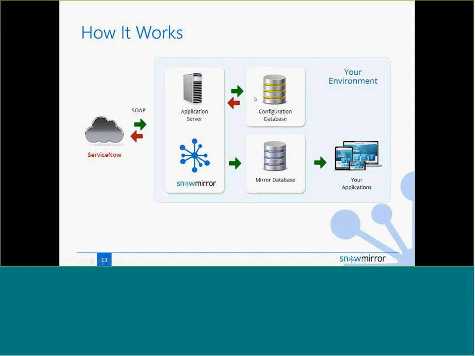By default, as you will see, you can store this data in a small file database, but for big production instances, we recommend having a separate schema, for example in your SQL Server, to have the environment more robust, more stable. I think it is not a good idea to mix this configuration data with the replicated ServiceNow data.